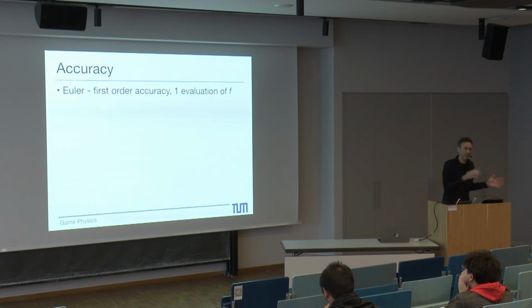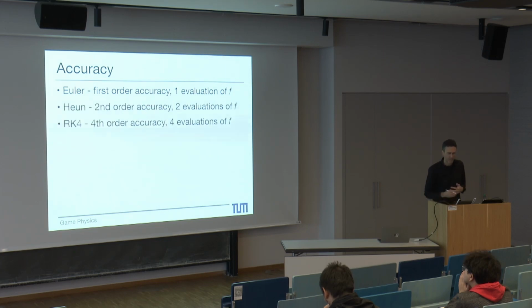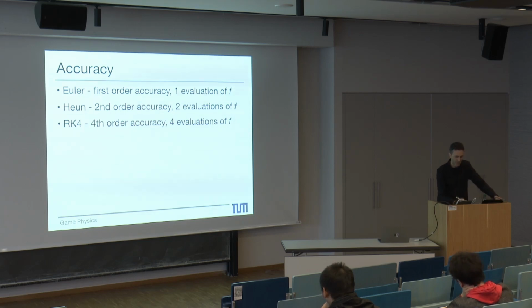If you now think back about the different versions that we had, Euler was first order and required 1 evaluation of this derivative f. Heun and midpoint, which I don't have on the slide here, likewise required 2 evaluations of f.